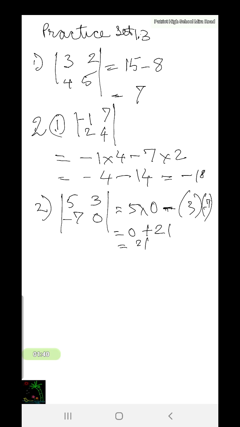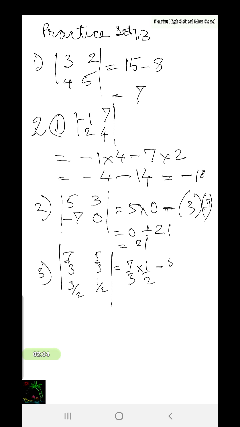Third one, 7 upon 3 and 3 upon 2. Then 5 upon 3 and 1 upon 2. Cross multiplying, we have 7 upon 3 multiplied by 1 upon 2 minus 5 upon 3 multiplied by 3 upon 2.